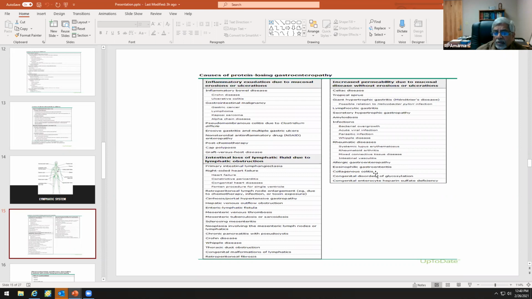Collagenous colitis is mostly seen in older people, and it's not something that we'll come across in the pediatric age group that often. The congenital disorders of glycosylation and heparan sulfate deficiency are very rare conditions, but they are severe when they occur, and they tend to continue to have problems all their life.